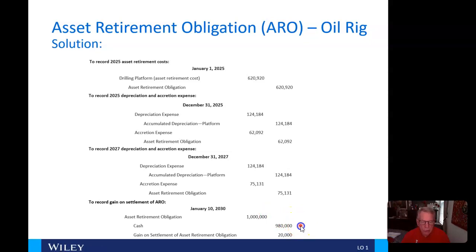We credit cash because that's what it cost us for that dismantling. And then we also record the difference between $1 million and $980,000 as a $20,000 gain on the settlement of the asset retirement obligation.